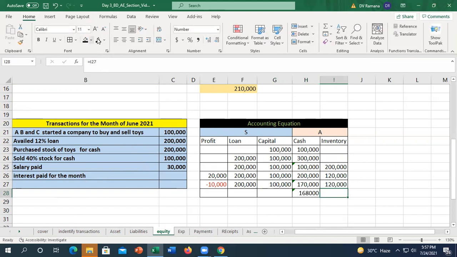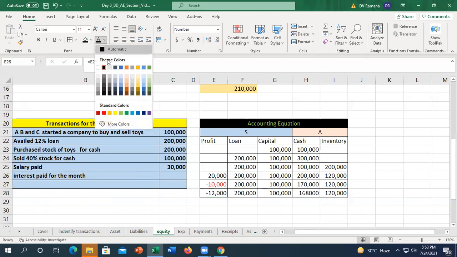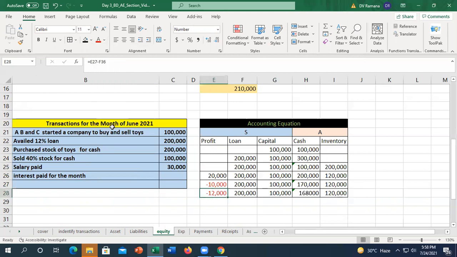No change in the inventory, no change in the capital, no change in the loan. However, there will be a change in the loss, because the loss is equal to sales minus cost of goods minus salary and minus interest.